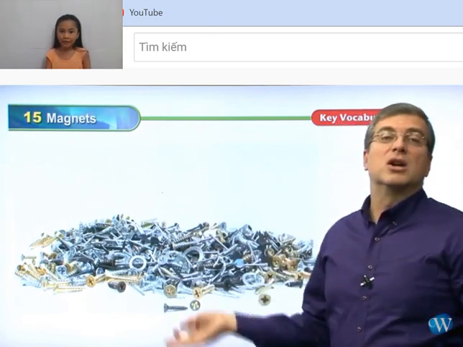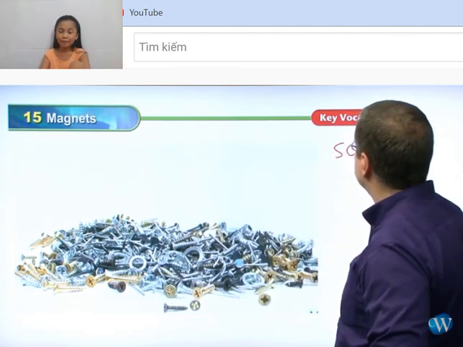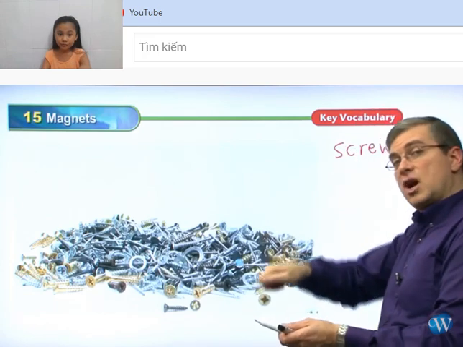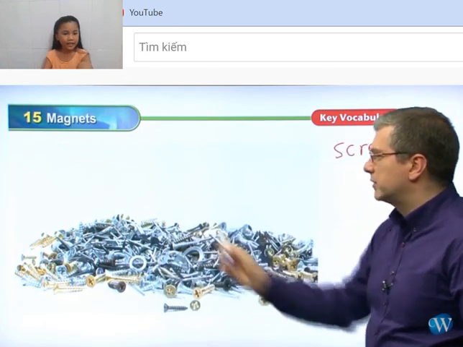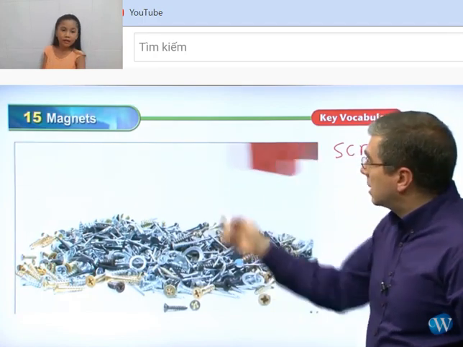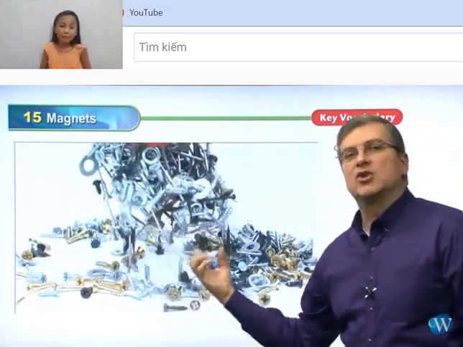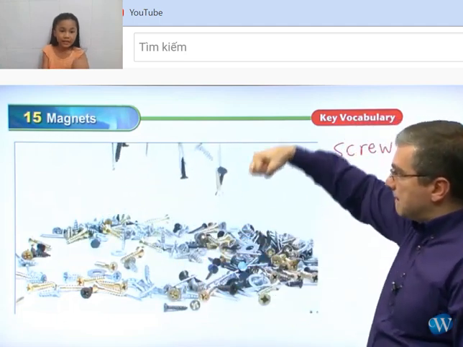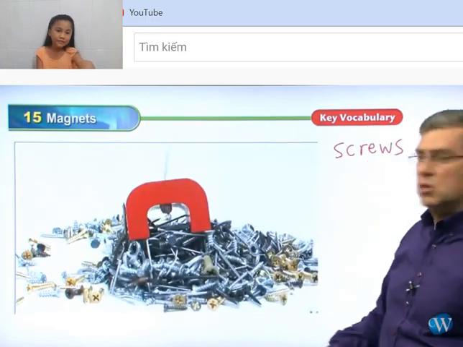Now look at it. Here we have lots of things that are made out of iron or steel, like nails, mostly screws and nails, and some other things too, some clipboards. Oops, it starts to attract them. A big bunch of these come up with the magnet. The magnet, oops, it has fallen down, and all of them fall down too.